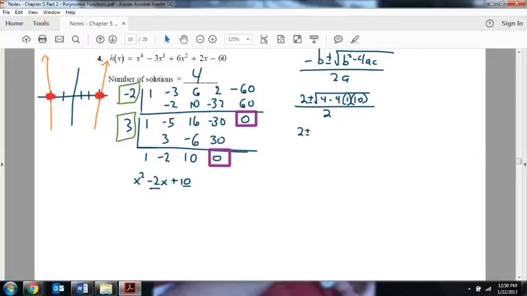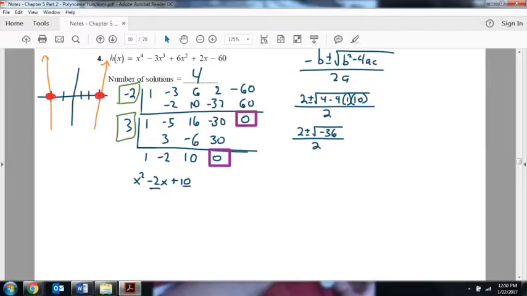2 plus or minus. Mr. Hunter also likes to speak of himself in the third person. He's a bit of a weirdo. Which negative 36, I know that factor. That reduces, because there's a 9 and a 4 in there. The square root of negative 36 is 6i.